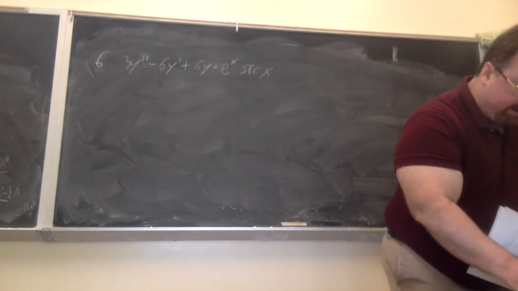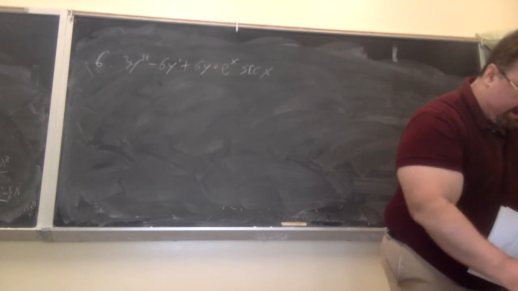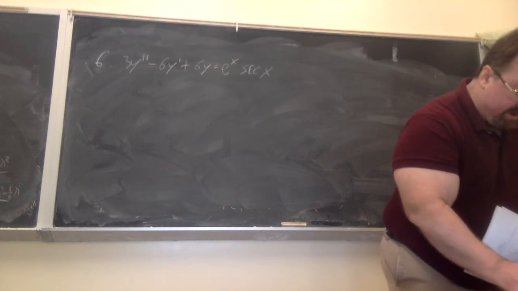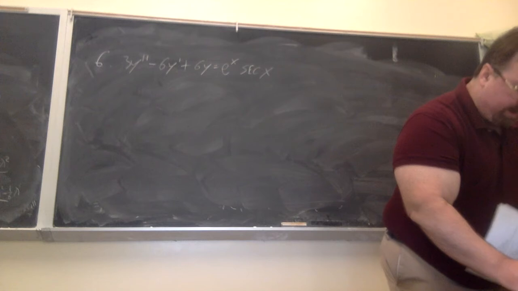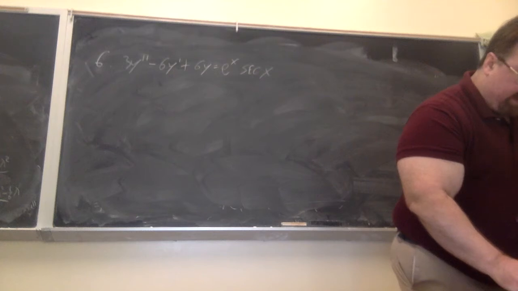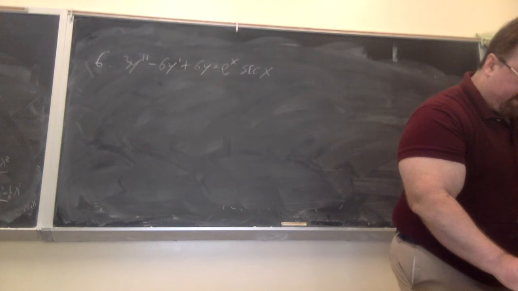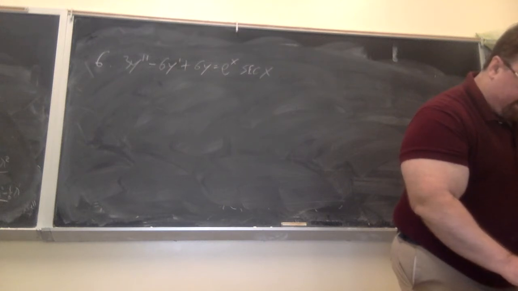And the reason is the form of a right-hand side for undetermined coefficients has to be either a polynomial or an exponential times polynomial or a sine or cosine times a polynomial. And this does not fit either one of those forms.